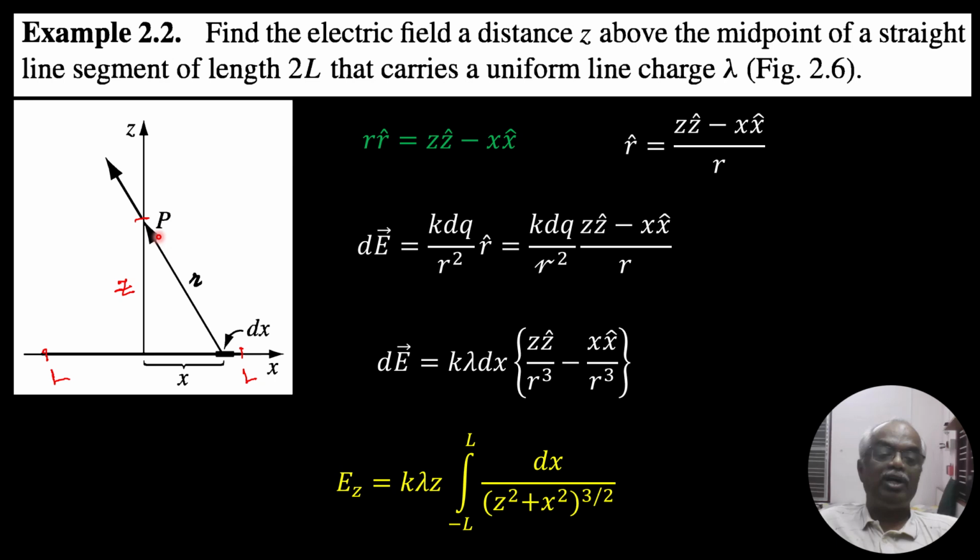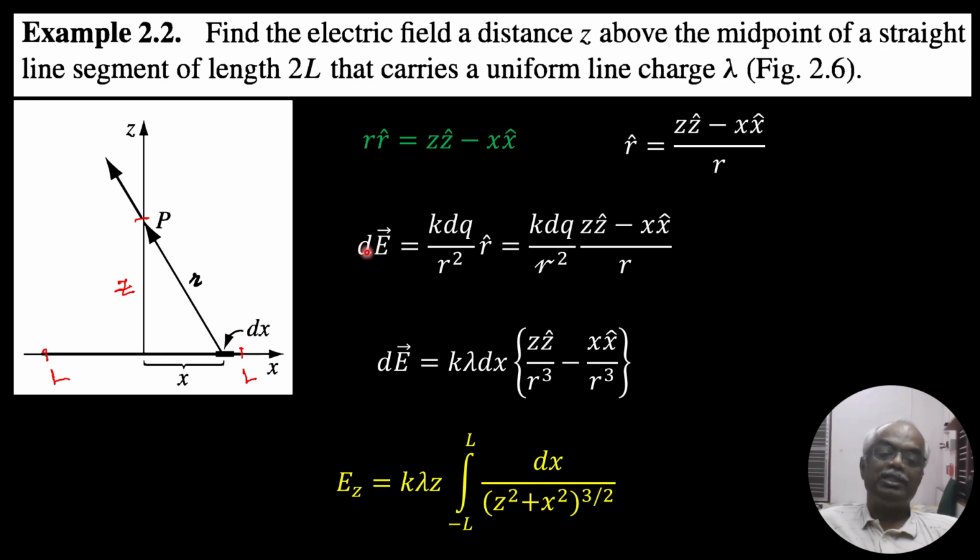So this r vector is equal to r r-hat, where r-hat is the unit vector along the direction r, which is z z-hat minus x x-hat. That means r-hat is equal to z z-hat minus x x-hat over r.